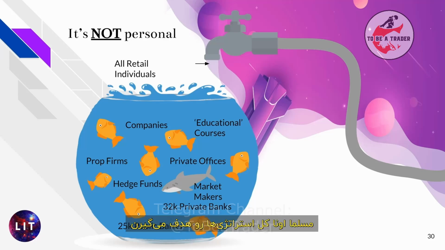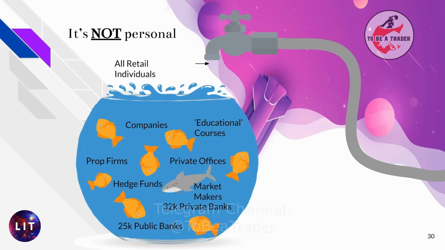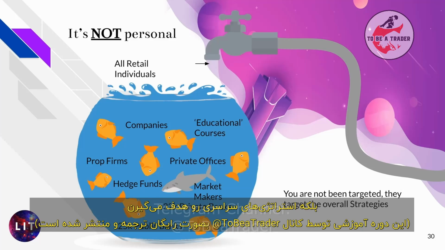No. They target the overall strategies. They know exactly where the stop placements are. Of course, with all the liquidity aspects, they have all the data, all the reasons, all the strategies. They know exactly the key levels. That's where they target it. Okay, and that's how it works. So you're not being targeted. They target the overall strategies.